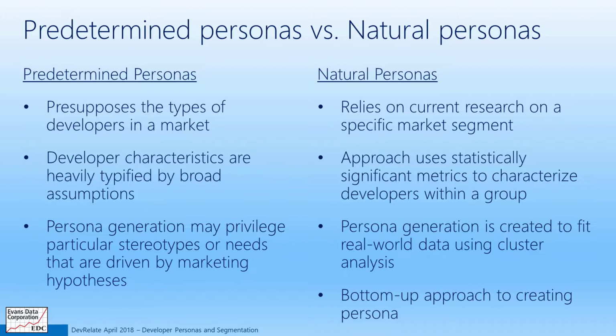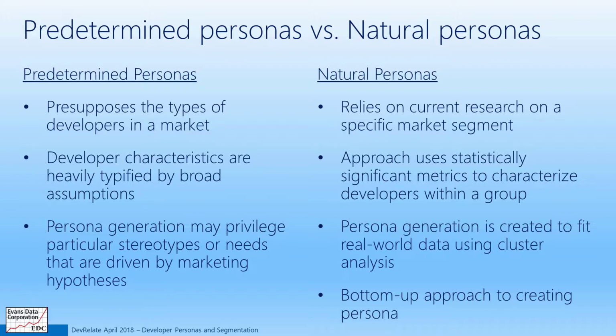When we do personas at Evans Data, we often approach it in terms of two kinds of persona research. Sometimes clients come to us thinking that they already know the kinds of developers who use their tools. This is what we call a predetermined persona.